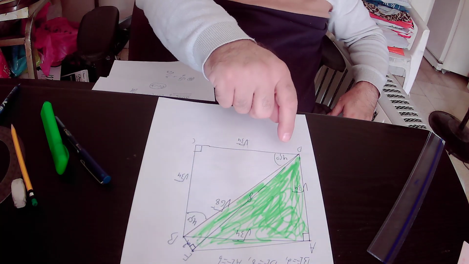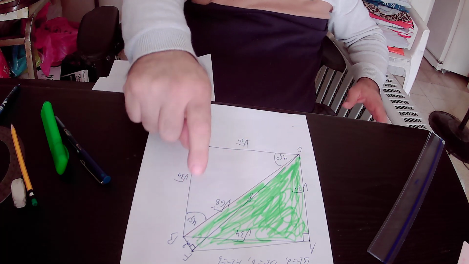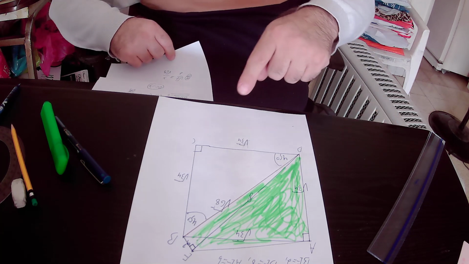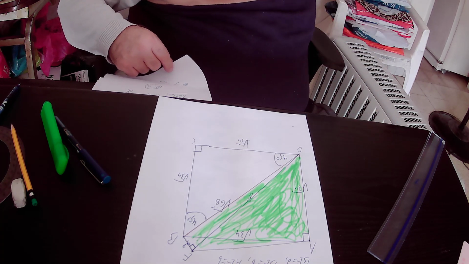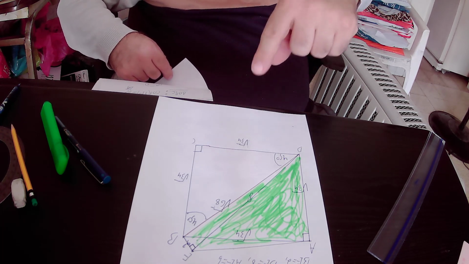Therefore this angle will be equal to 45 degrees and this angle will also be equal to 45 degrees according to rule 1. We know that all the angles inside the square are right angles, therefore this angle is a right angle.